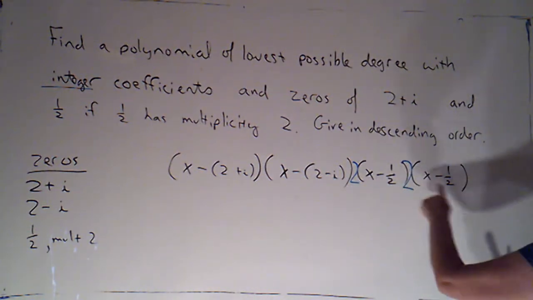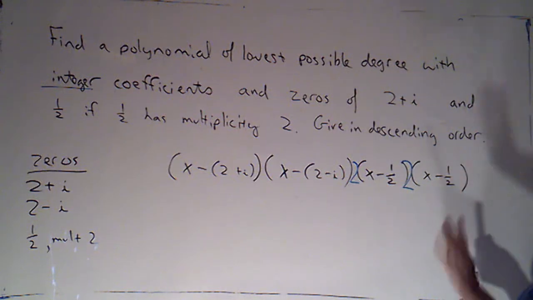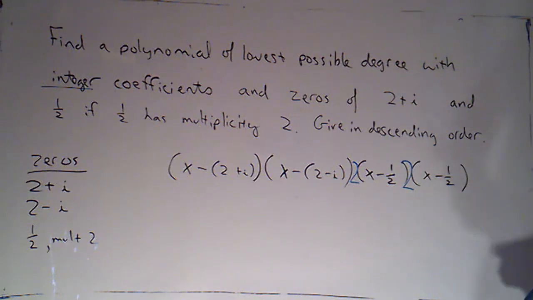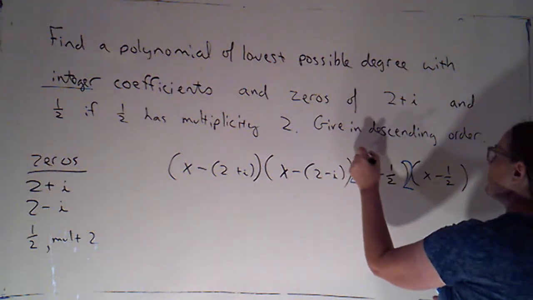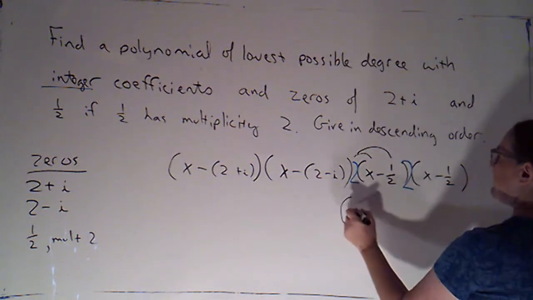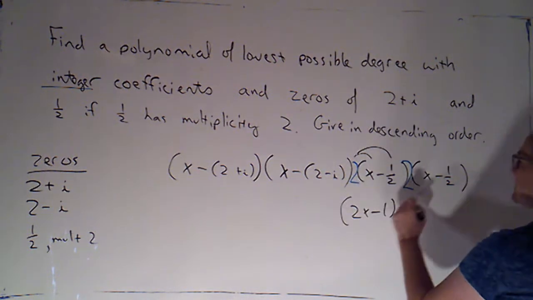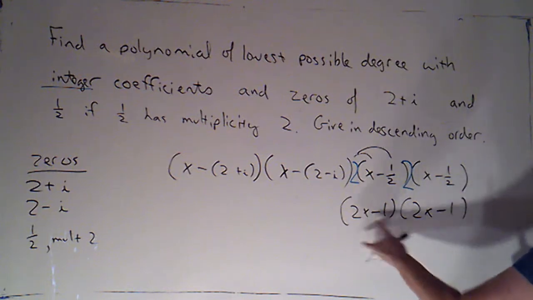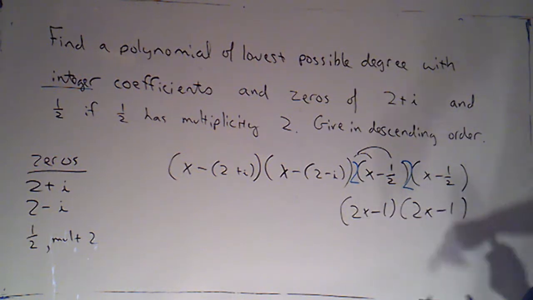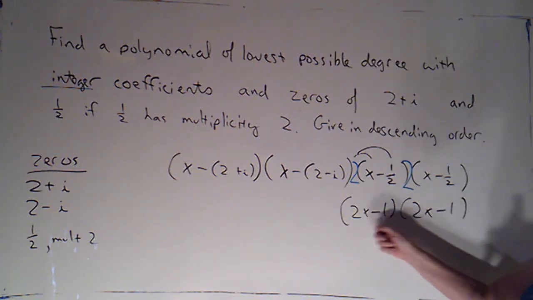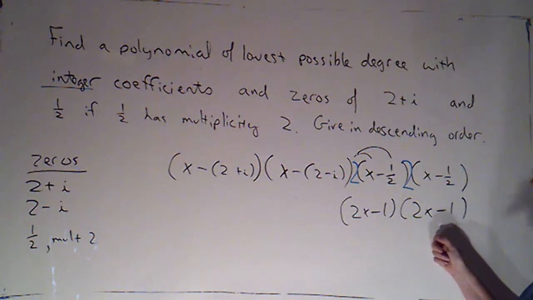That way I won't have any fractions in my factors, so I won't have any fractions when I multiply this out. Now if I distribute that 2, each of these factors becomes 2x minus 1. You'll notice if I set that factor equal to 0, I still get 1/2. I've just been able to write a factor that's equal to 0 at 1/2 that doesn't have any fractions in it.